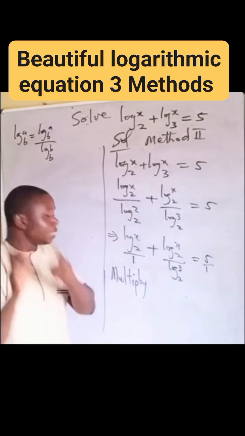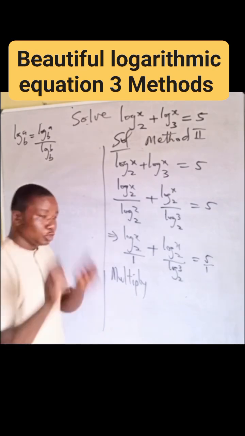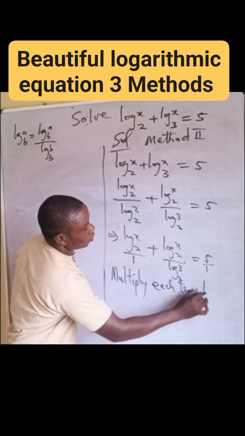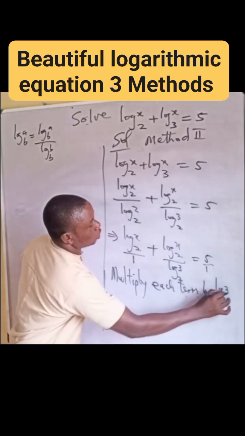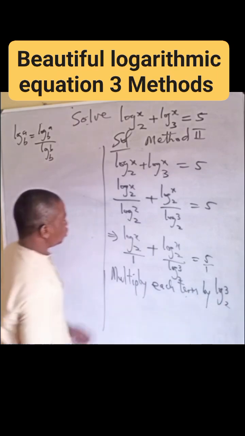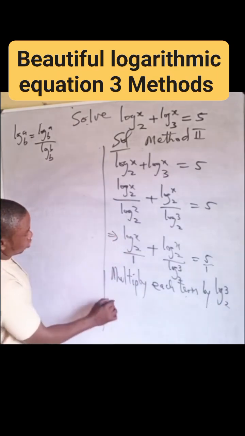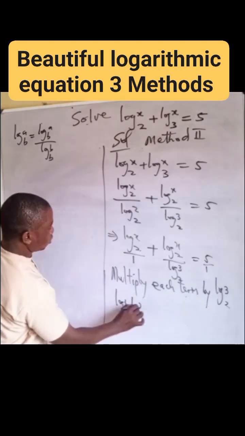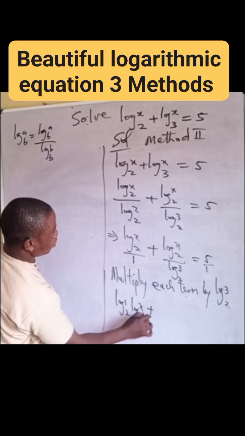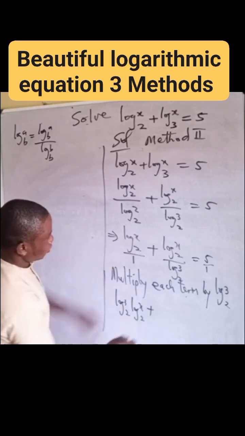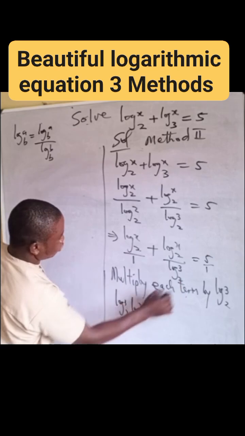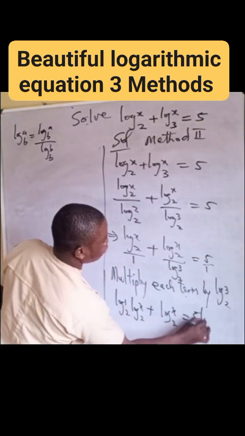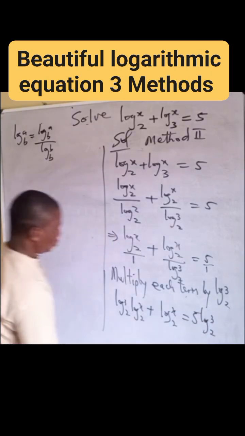So if you multiply by log 3 base 2, it becomes log 3 base 2 log x base 2 plus log x base 2. Log 3 base 2 multiplied here will cancel this denominator. Now we have log x base 2 is equal to 5 log 3 base 2.